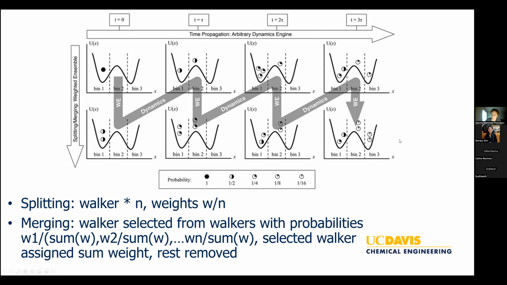Isn't U usually potential energy? Yes. It has to be potential energy because you cannot measure the free energy of one state. That's true. So therefore it has to be potential energy.